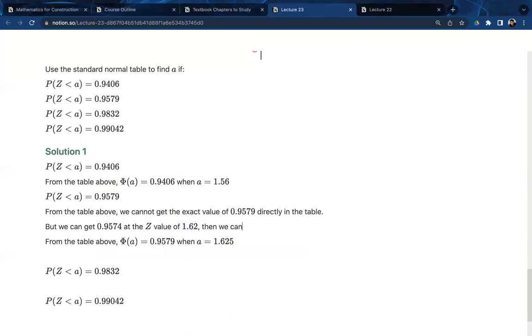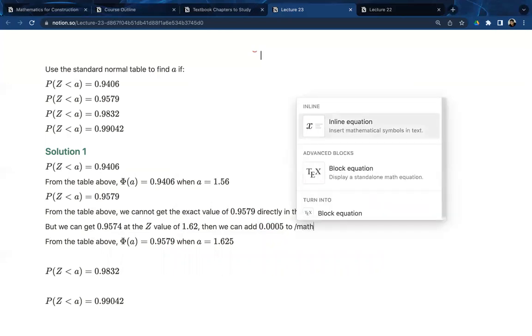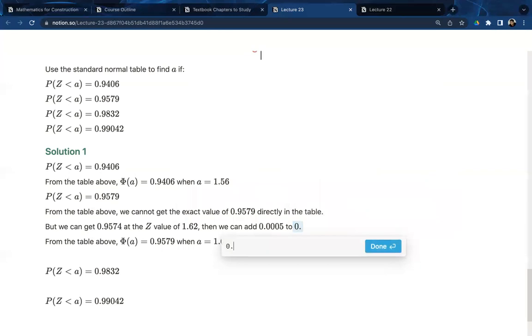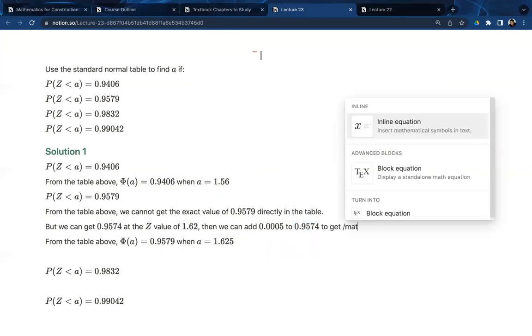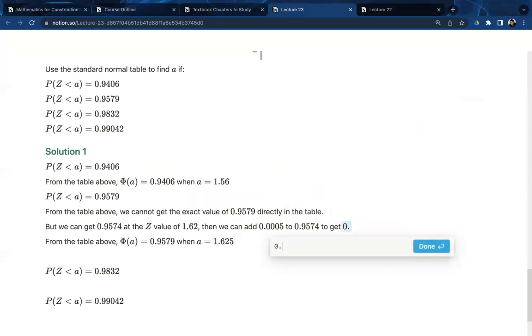Then we can add 0.0005 to 0.9574 to get 0.9579.